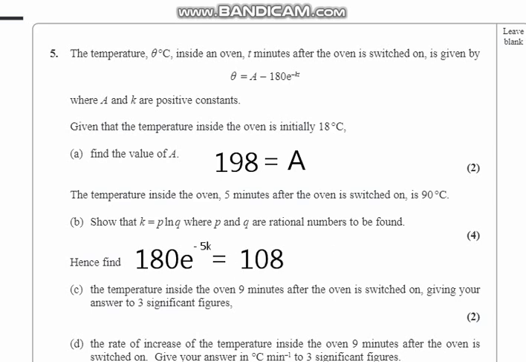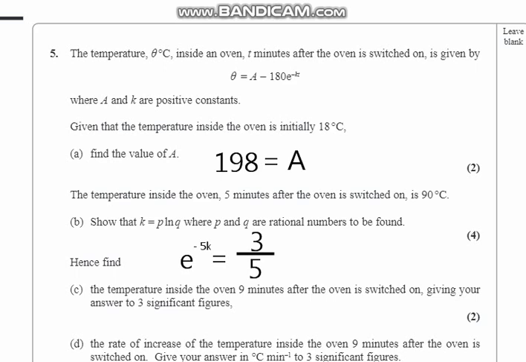Now to make the exponential the subject, I'll divide both sides by 180, so we'll get 3 upon 5, and that's equal to exponential to the power minus 5k. To make k the subject, what I'll do is multiply. If you remember your exponential and log topics, they teach you at the very beginning that whenever we have to change anything to exponential or to log, we basically apply the opposite of it.